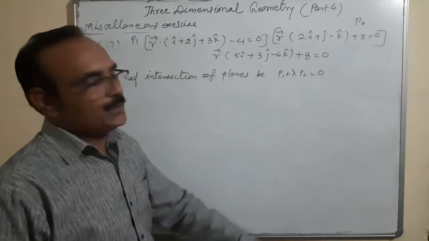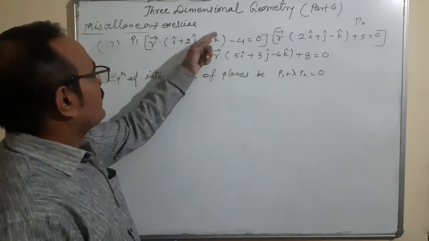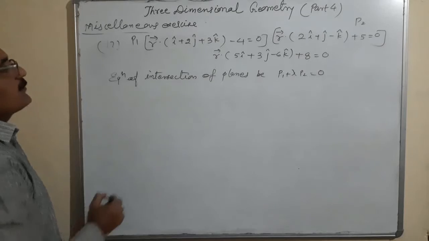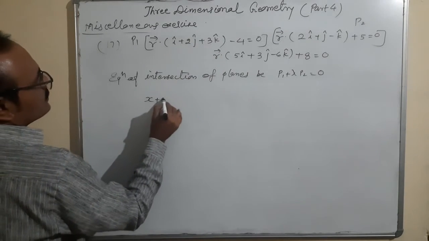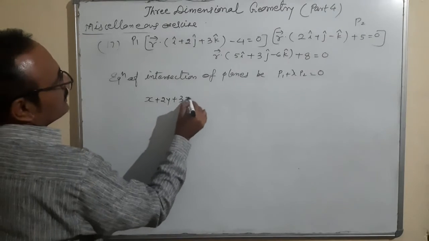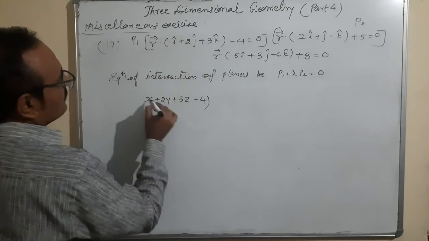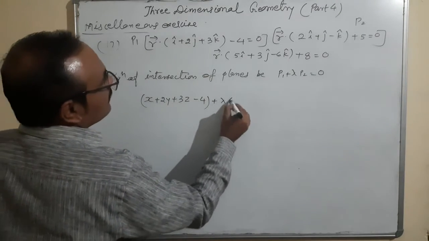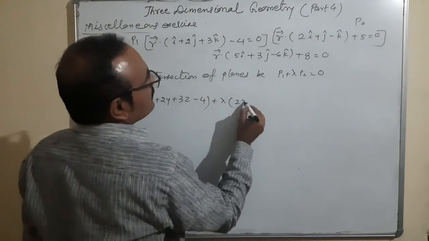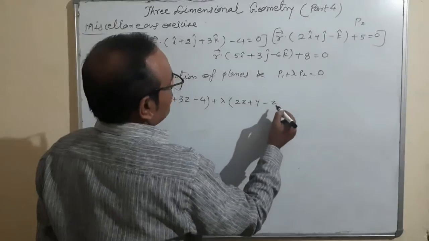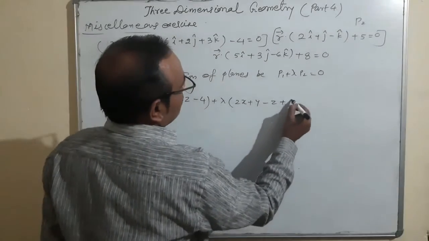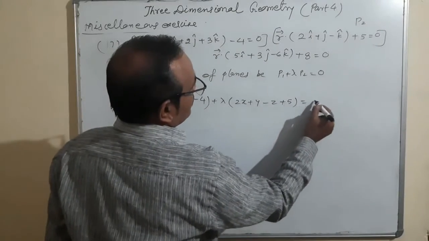P1 plus lambda P2. What is P1? P1, when we write in the Cartesian form, is x plus 2y plus 3z minus 4 plus lambda, it is 2x plus y minus z plus 5 is equal to 0.